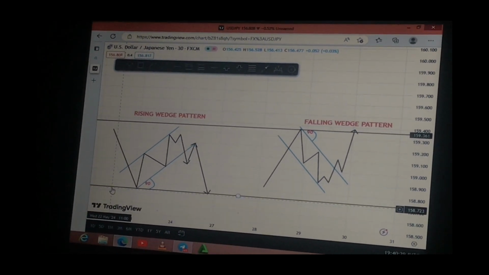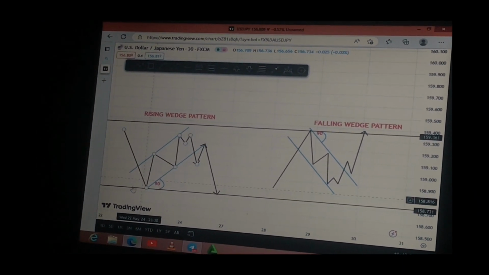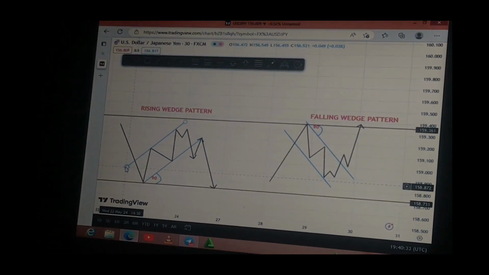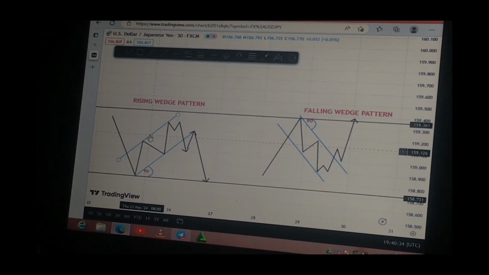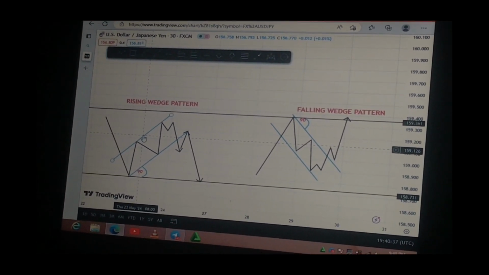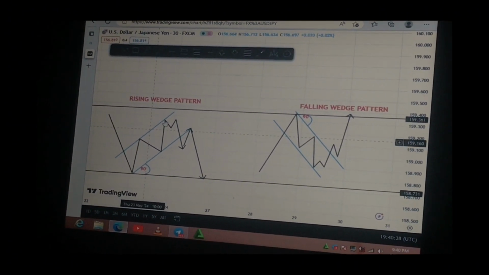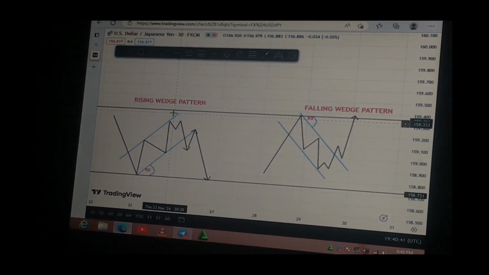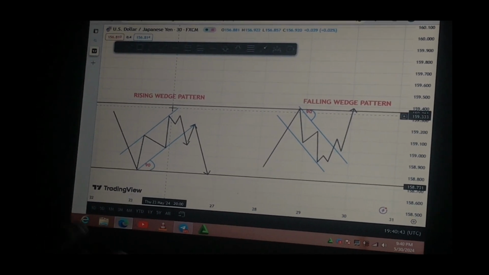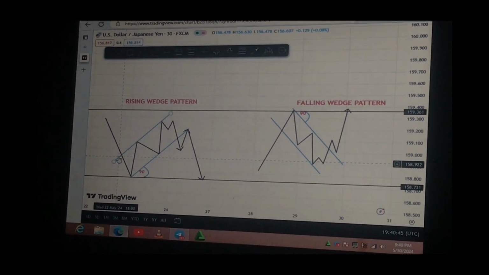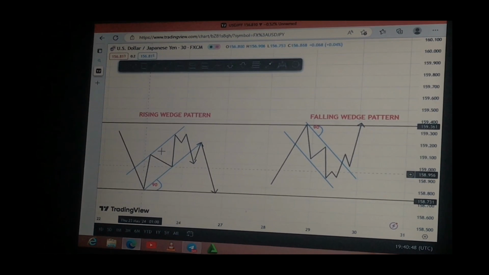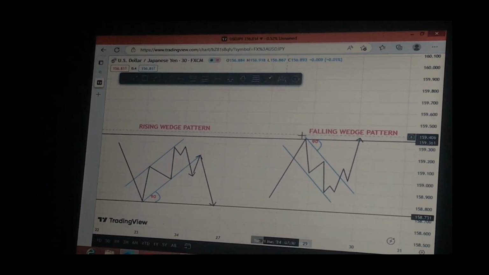So I'm gonna show you how to place them. You're gonna place your trend line to the wicks, or basically where the market touched and then reversed. You're gonna place your trend lines. Is it vertical? Yeah, this thing is vertical, because this one is horizontal.